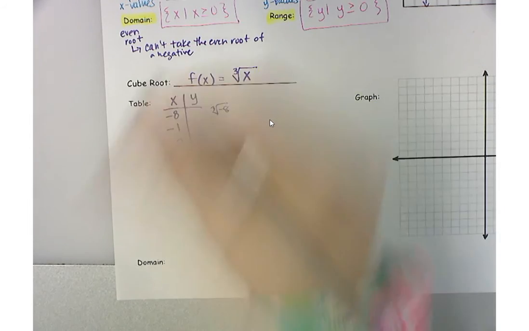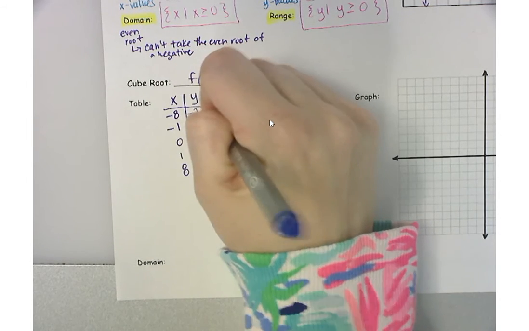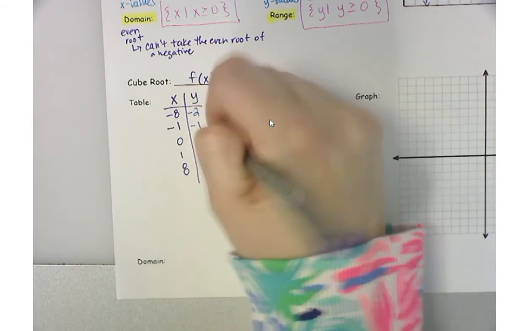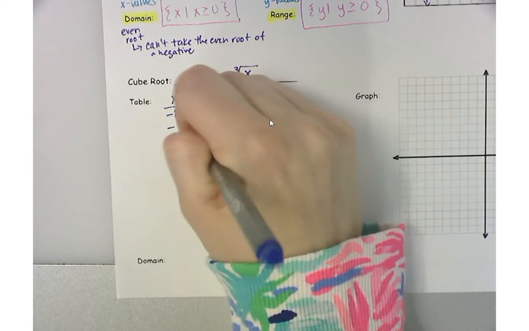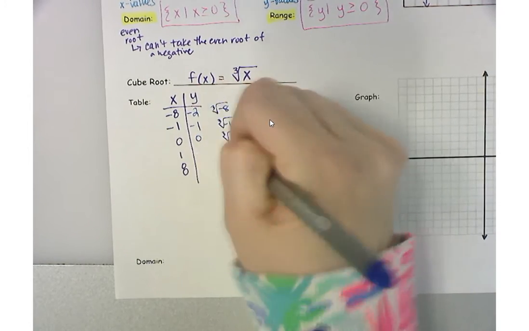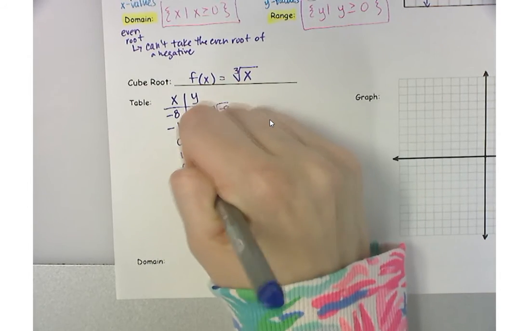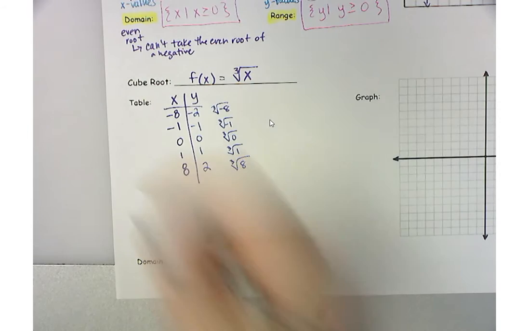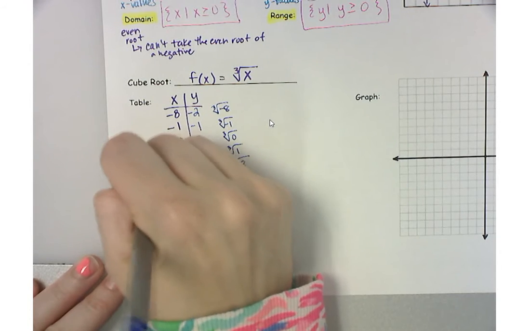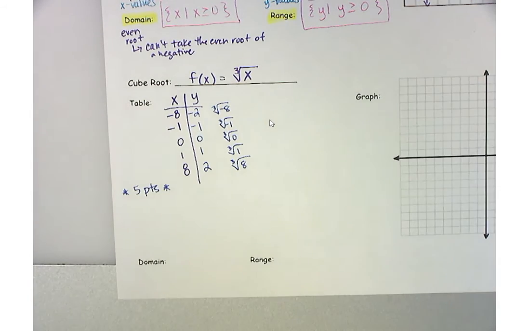You are plugging them into your equation, and that's how we know those are our outputs. So there are 5 points that you should have on every single cube root graph. There can be more, but at the very minimum 5. If you wanted more, you could do 27 and 3. You probably want to scale by 3s so you can fit that on there.